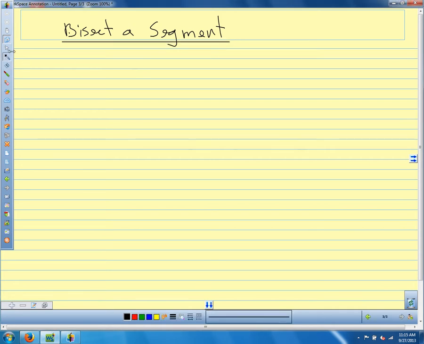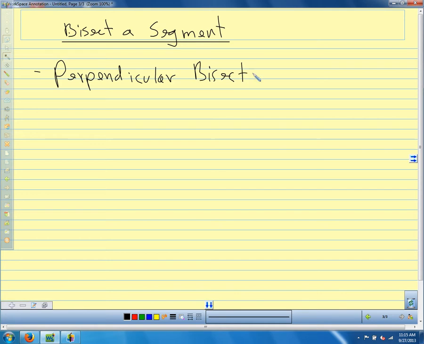Our construction to bisect a segment, what we're actually going to construct is what we call a perpendicular bisector. So first off, let's remember, what did we say bisect meant? Cut in half. So we want to cut our segment in half.